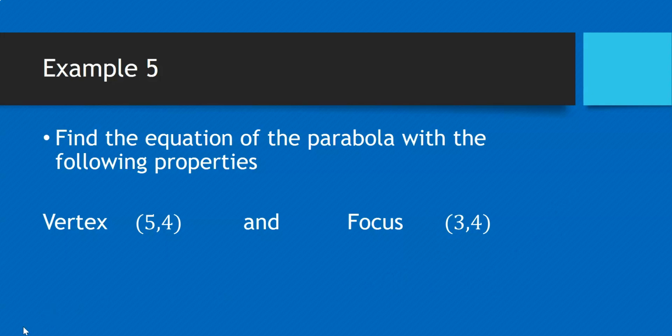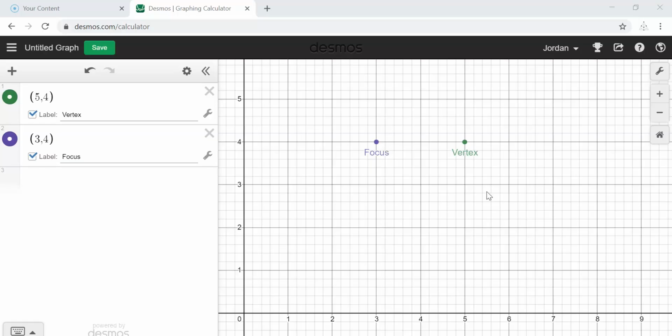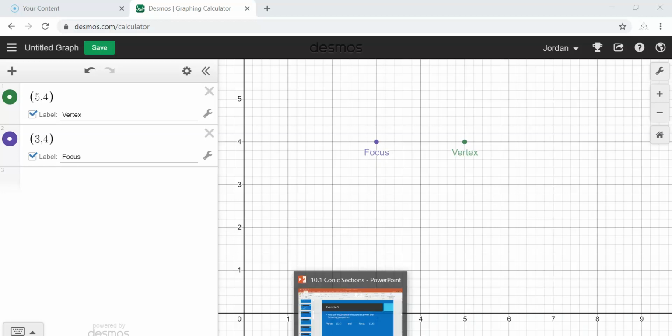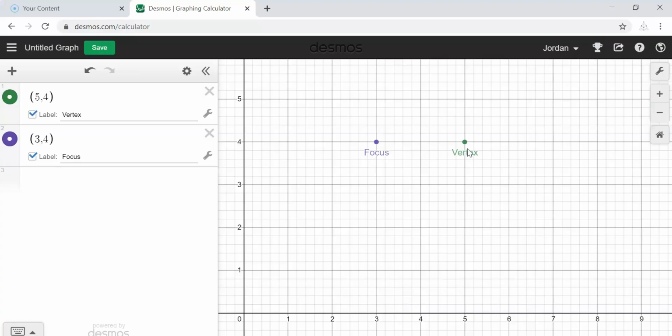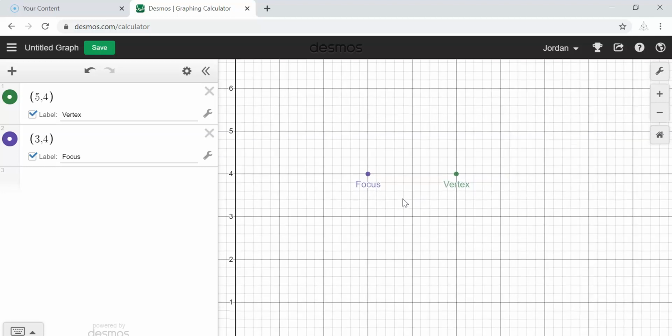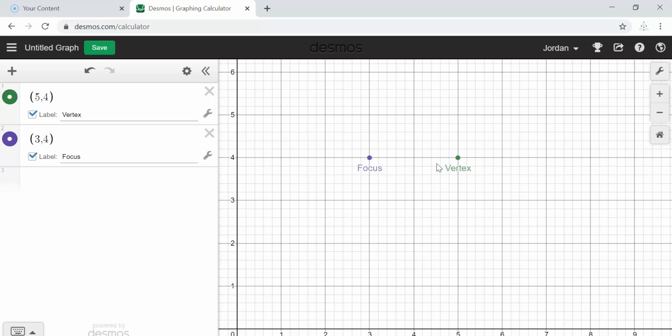So let's go to some graph paper here. What I've done on my graph paper is plotted the points 5, 4, and 3, 4, which again were my vertex and my focus. I labeled those as well, 5, 4, and 3, 4. Now notice what's going to have to be true if I have a vertex here and a focus here.